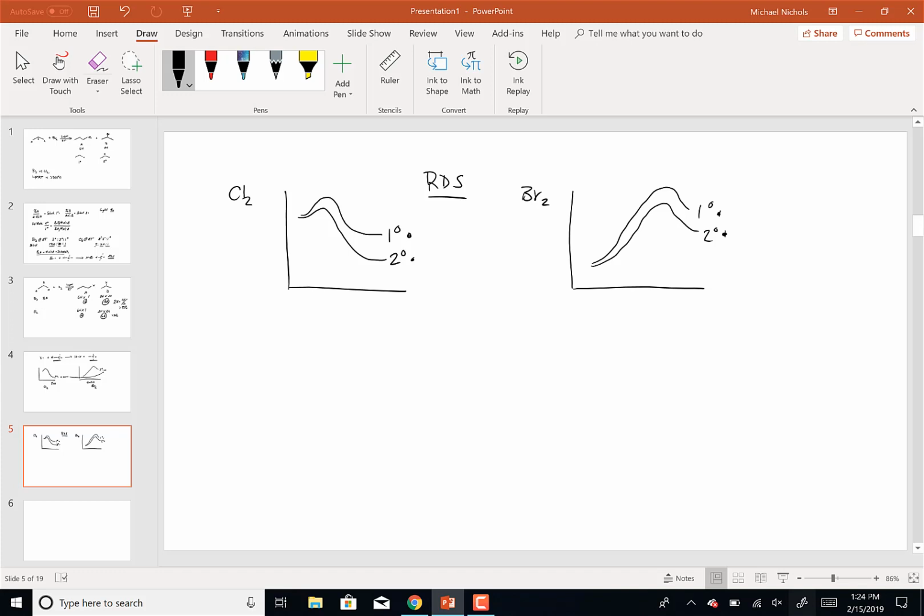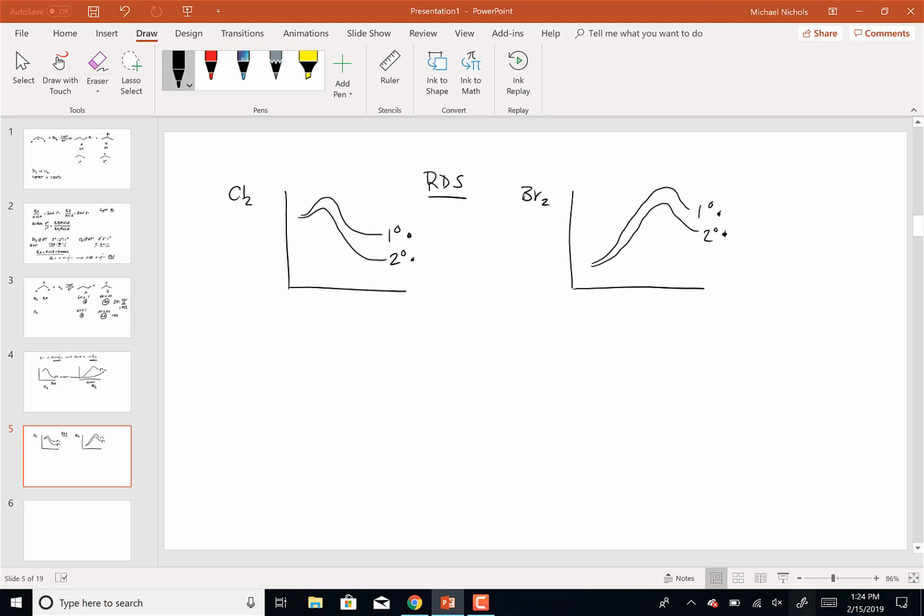Okay, so we're back to, let's see, for almost everybody, we're back to first semester, talking about Hammond's Postulate. Let me just remind you that Hammond's Postulate, if I have a piece of paper, reaction coordinate diagram, when the reactants and the products have the same energy, the transition state's right in the middle.